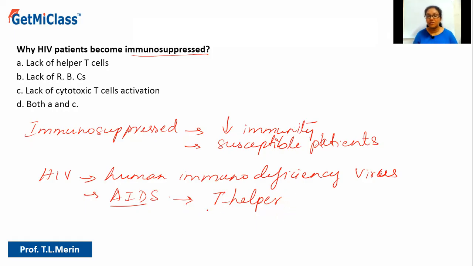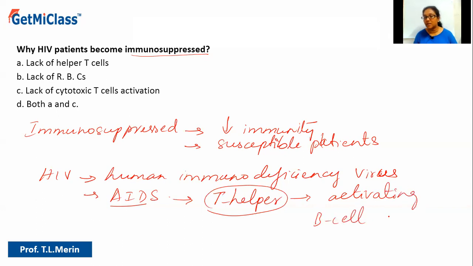The main function of T helper cells is to activate the immune response by activating B cells, which will produce the antibodies, as well as cytotoxic T cells, which are very important for the immune response.